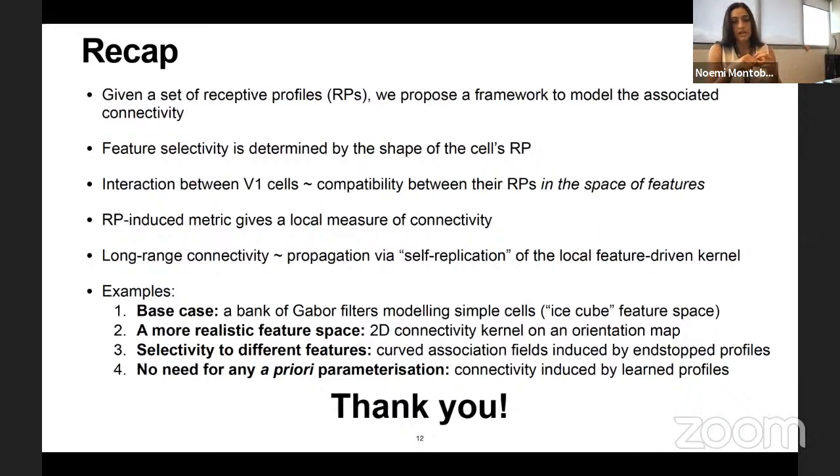But then we can also get rid of the ice cube abstraction and model the connectivity associated with an orientation map, or model the connectivity that is induced by profiles sensitive to different features, not only orientation. And finally, as I was saying, we don't necessarily need some ordering on the fiber or parameterization of the features to compute the connectivity pattern associated with a bank of filters.